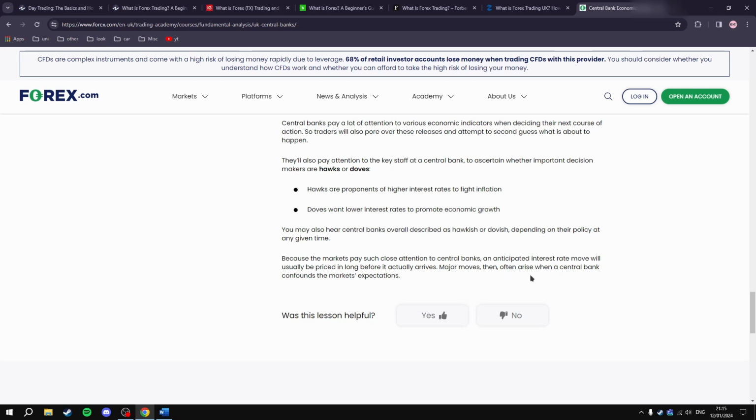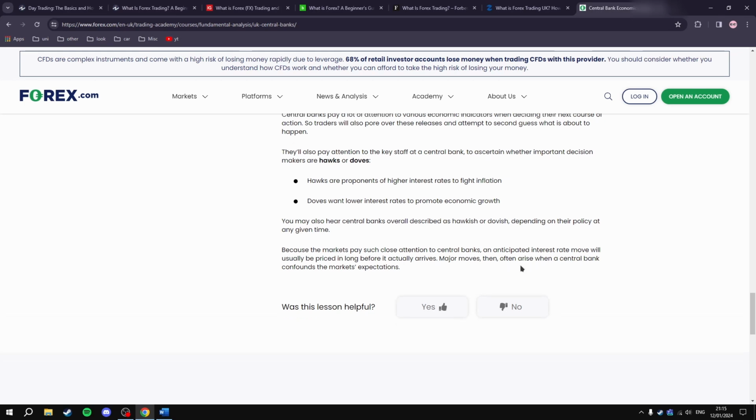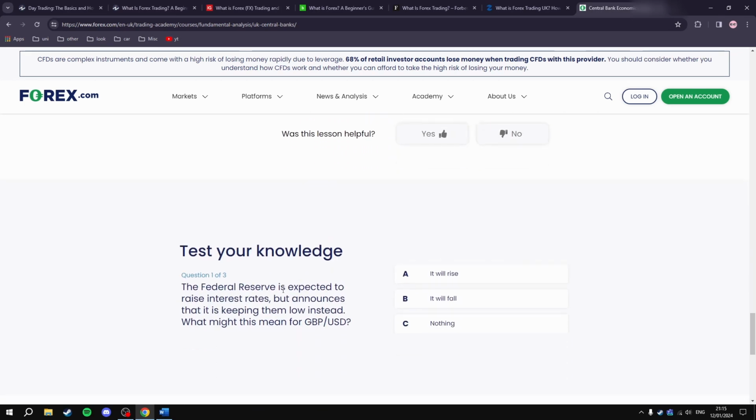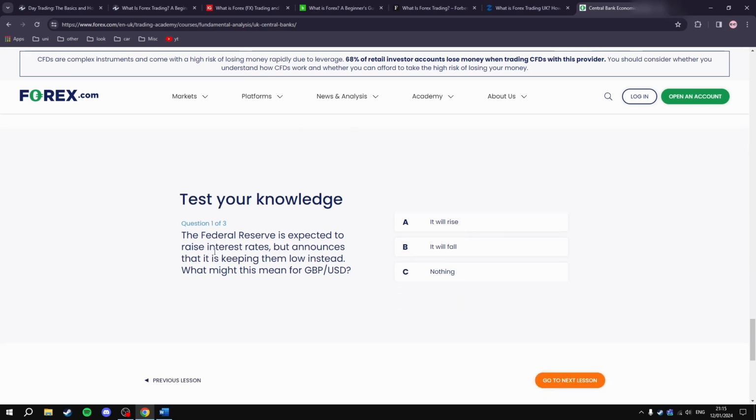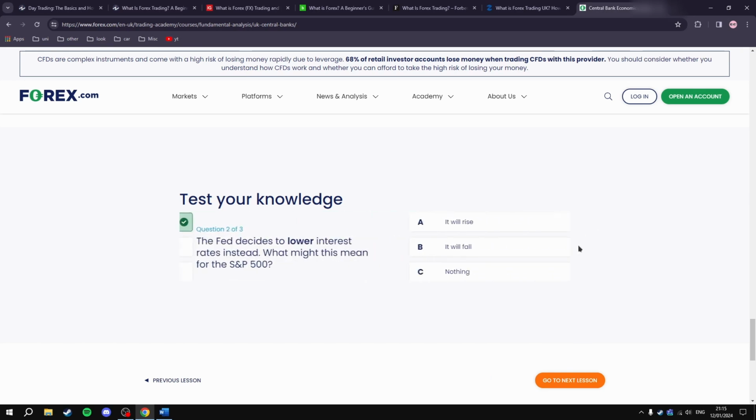Major moves are often when, for example, the Federal Reserve is expected to raise interest rates, but announces that it's keeping them low instead. What does it mean if it lowers interest rates?